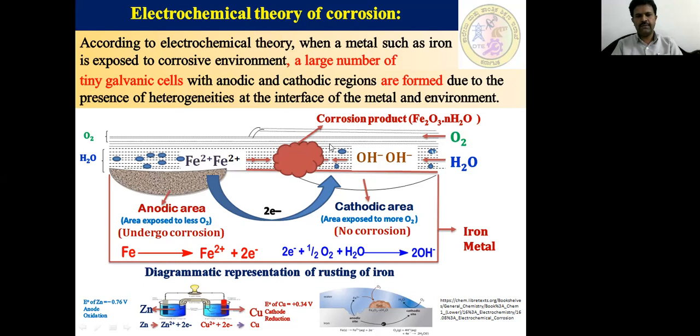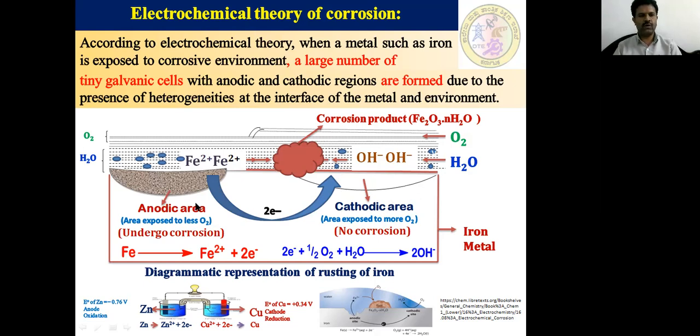On the other side, the area of the iron metal which is exposed to more concentration of oxygen is working as the cathodic area or cathode. So what is the criteria here? The area of the metal exposed to less oxygen forms an anode, and the area of the metal which is exposed to more oxygen forms a cathode.